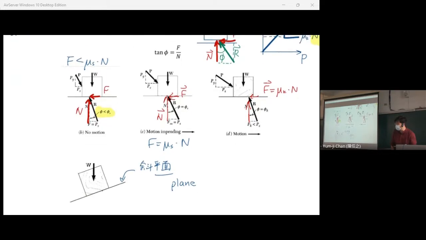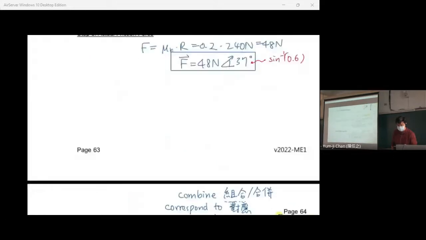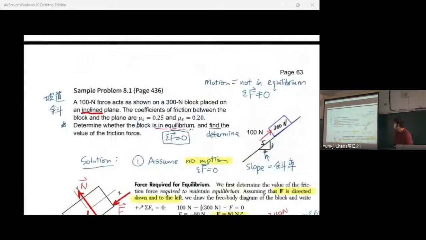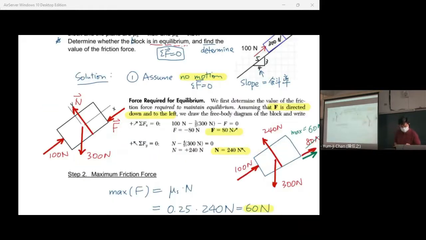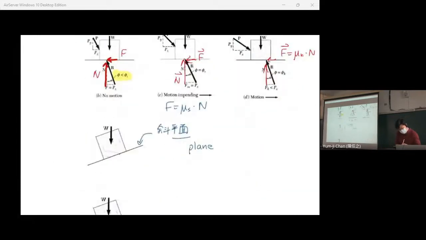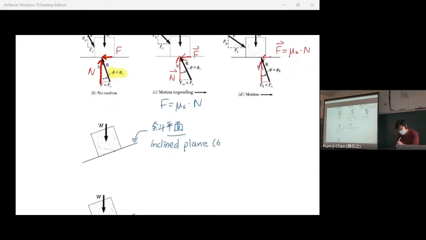Let's look at sample problem 8.1. Inclined plane. Okay, inclined plane. So here we have an inclined plane. Take a look at page 63.